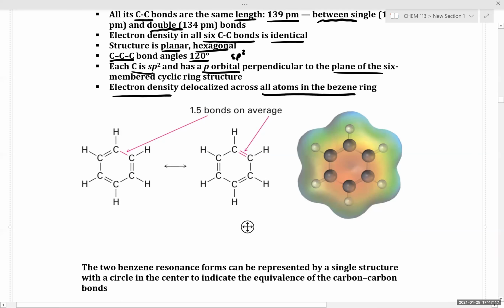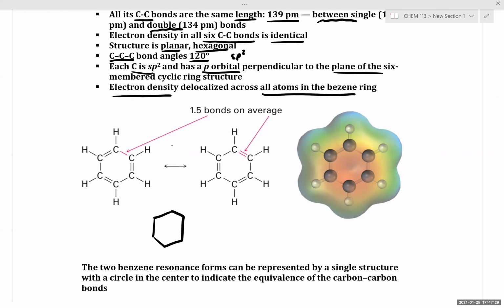Each carbon atom is sp2 hybridized, and as a result, there's a p orbital perpendicular to the plane of our 6-membered ring. These p orbitals are conjugated, and our electron density is delocalized across all atoms in the ring. So when we think about 2 possible resonance structures, our resonance hybrid, which is the average of these 2 resonance structures, will have an average bond length, strength, and distribution of electron density. Looking at these 2 resonance structures, we have a bond order of 1 in our first resonance structure and a bond order of 2 in our second.